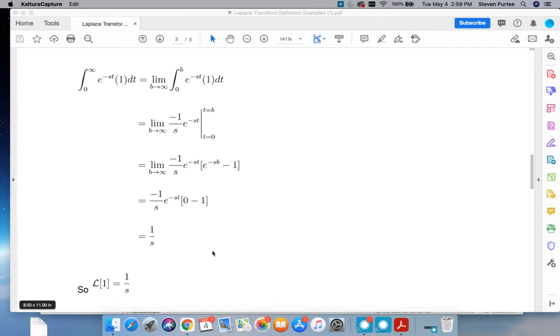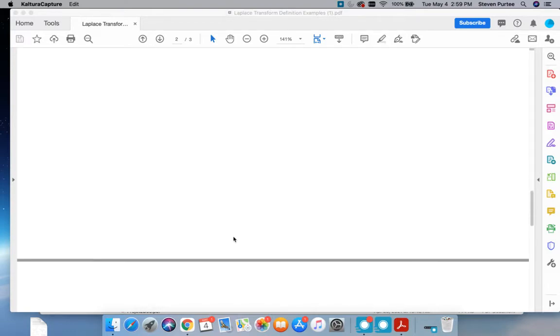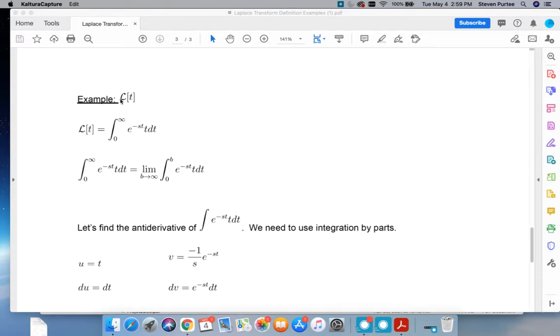Okay, so if you're doing Laplace transforms, the next thing you might think to try would be, say, x. Well, remember, we're not using x as our independent variable here. We're using t. So we might try the Laplace transform of t. Okay, by definition, that's the integral from 0 to infinity.